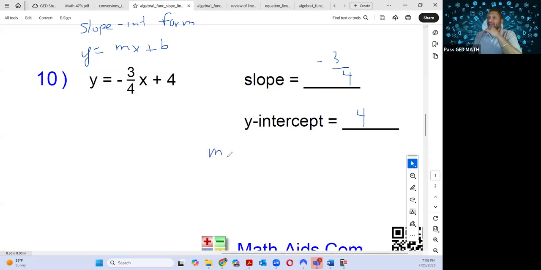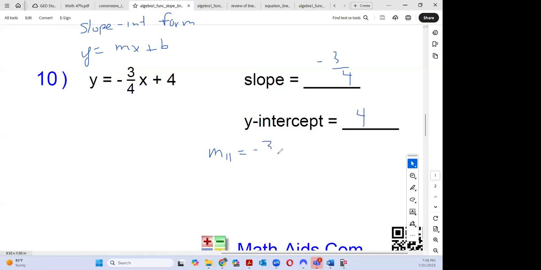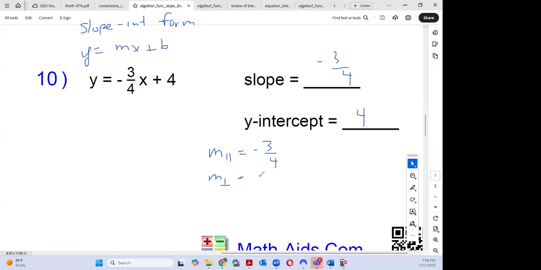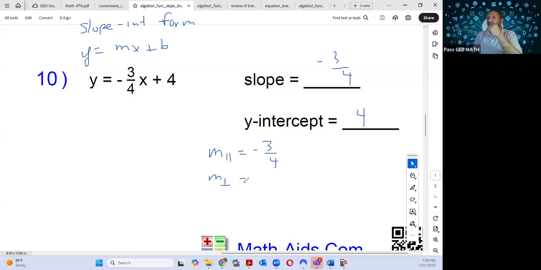What's the slope of any line that's parallel to this line? Negative 3/4. What's the slope of any line that's perpendicular to this line? Wait a minute, I just had it. If the slope is negative 3/4, what's the slope of any line that's perpendicular?